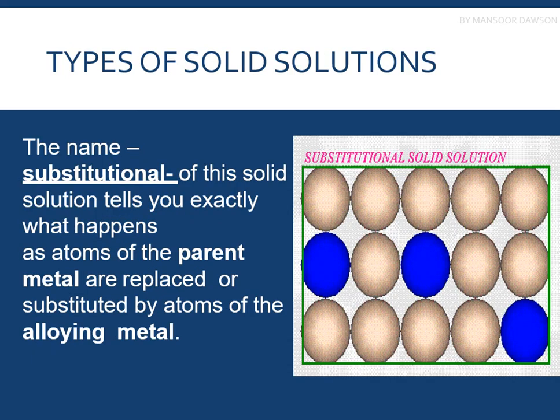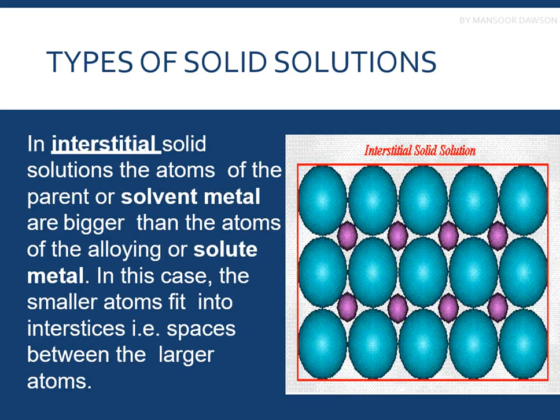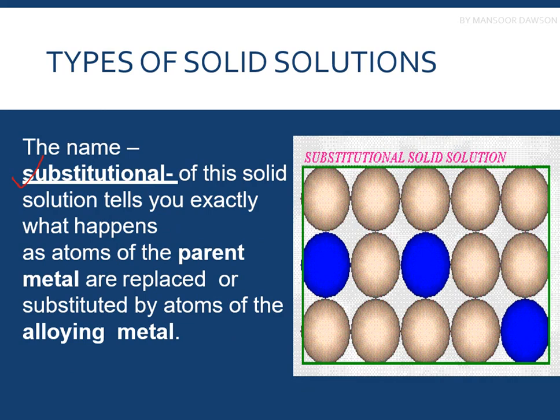So we have two types of solid solutions. One is the substitutional solid solution, and the other is the interstitial solid solution. In the substitutional solid solution, you can see that the impurity atoms, represented by the blue spheres, are of a similar size to that of the host or parent metal.